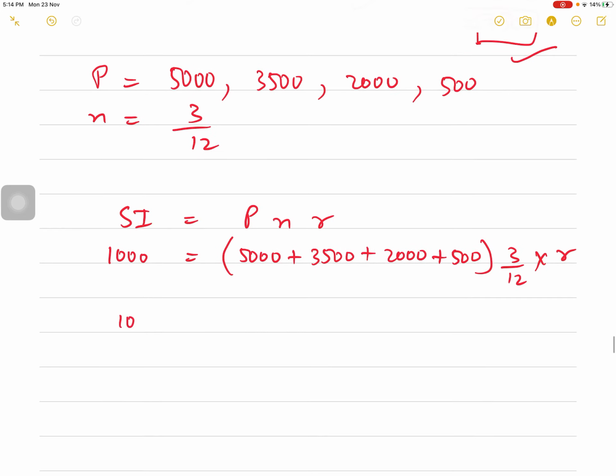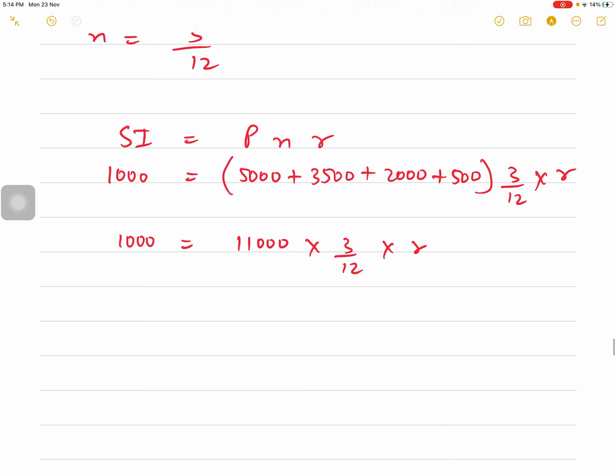So 1000 is equal to 5000 plus 3500 plus 2000 plus 500, which comes to 11,000, into 3 by 12 into R. So now you calculate this. R is equal to, I can just cancel 3 zeros here.